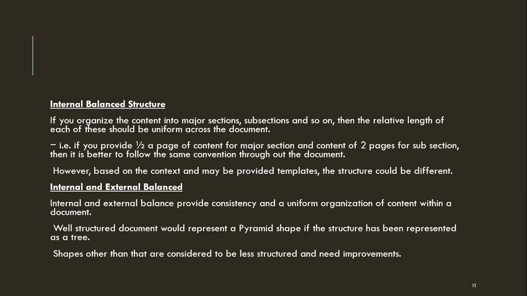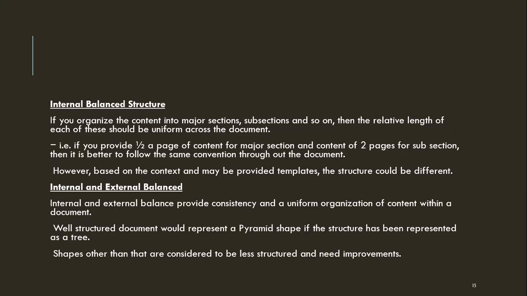So the balanced structure has the internal balance structure, where if you organize the content into major sections, subsections, and so on, which is what we talked about, internally the relative length of each of these sections should be uniform across the document.